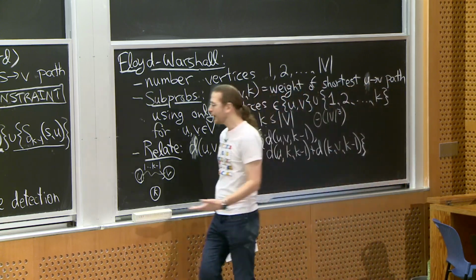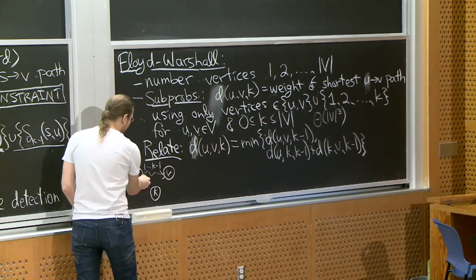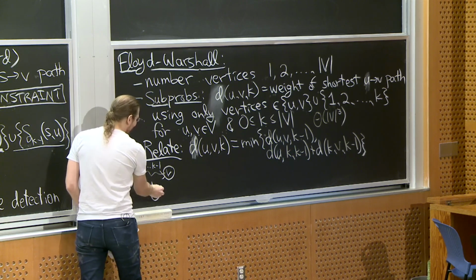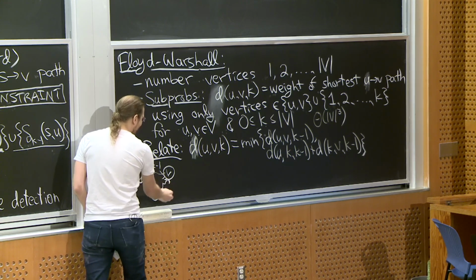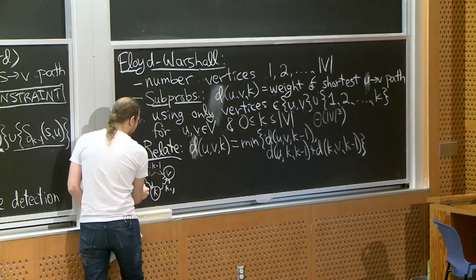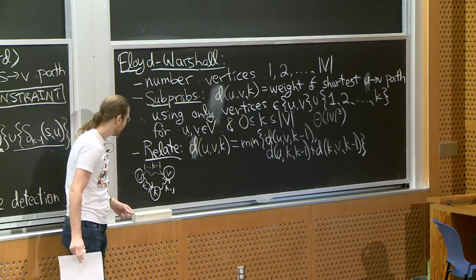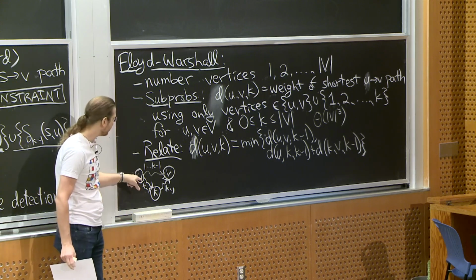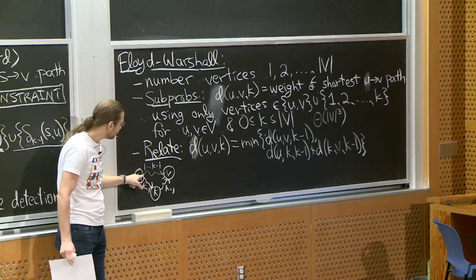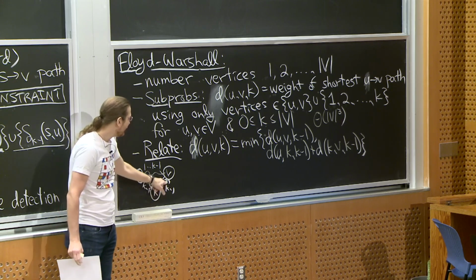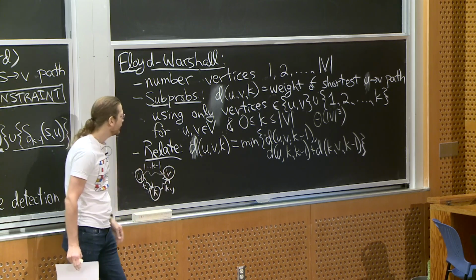Or it could be that the path goes through k. Well, it starts at u, and it goes to k, and then it goes from k to v. For simple paths, if we assume there are no negative weight cycles, and you have to run Bellman-Ford to detect them, the shortest path from u to v through k must start by using vertices less than k, and then use vertices less than k again. And that's what I've written here.